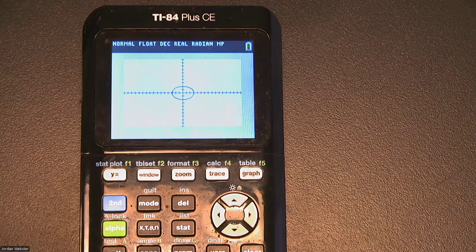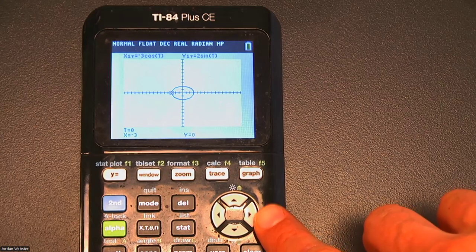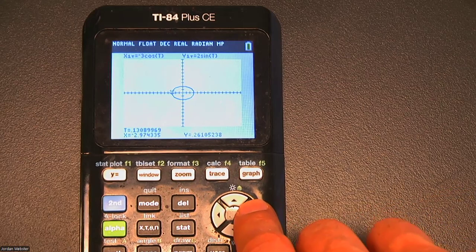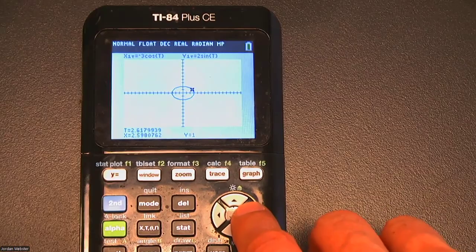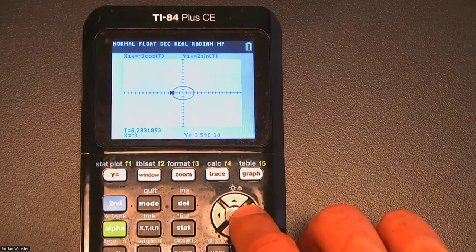All you have to do to figure out orientation is hit the trace button. We kind of did this earlier, we hit trace. And if I push the right arrow, that'll increase my value of t. And I can just watch how the movement is going as I increase my value of t.